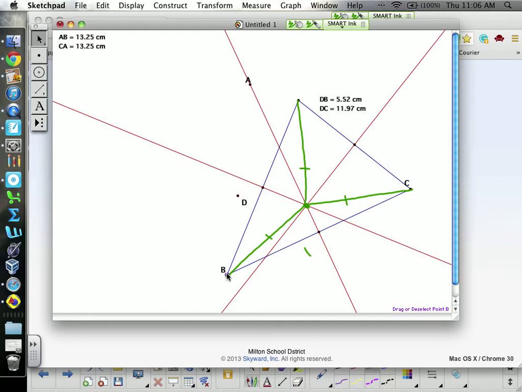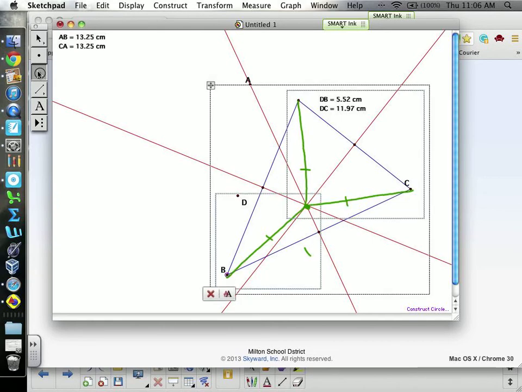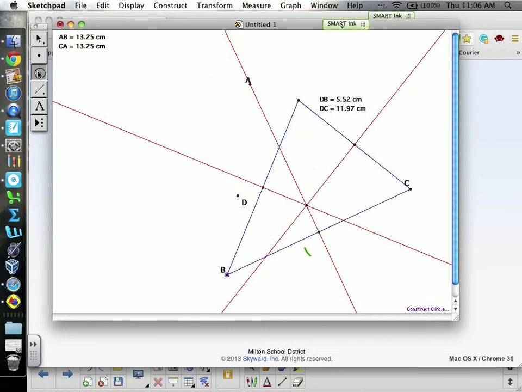And in fact, because of that, and here's where it gets really fun, I can actually construct a circle using that as my center point, and this is my radius. Notice that circle fits perfectly through all 3 points of the triangle.